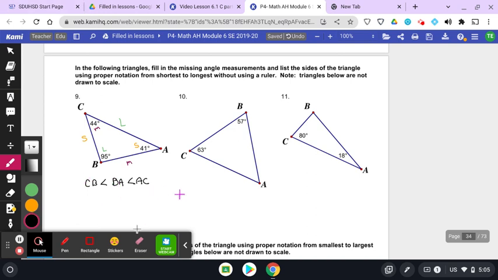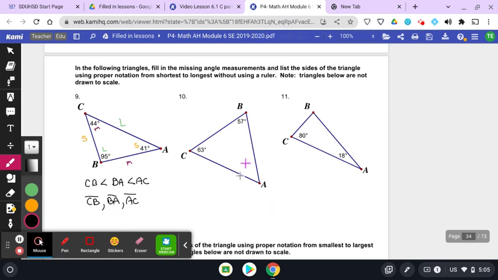If I wanted to say the segments, I wouldn't be putting inequalities. I would just say CB with my segment mark, then BA, then AC, like so. So either way, you can either put measurements with the inequality or you can list your sides in segment notation.